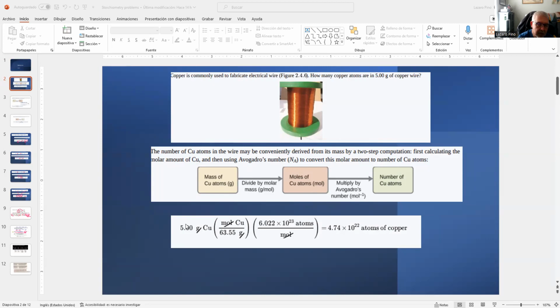So I multiply 5 by 6.022 times 10 to the 23rd, and I divide it by 63.55. I cancel grams with grams, mole with mole, and the answer will be in atoms. As you can see, the answer has 1, 2, 3 significant figures as the given number.